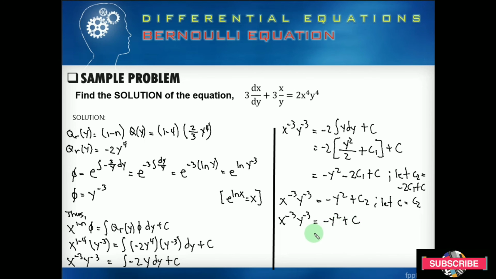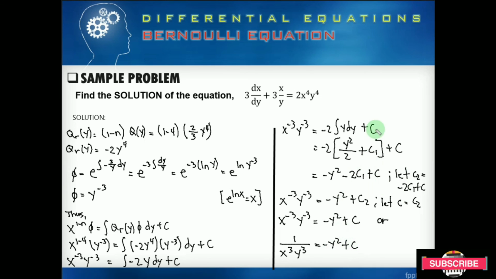So actually ito na talaga yung solution niya, o pwede mo rin ibaba ito, so pwede rin maging 1 over x cubed y cubed is equal to negative y squared plus c.